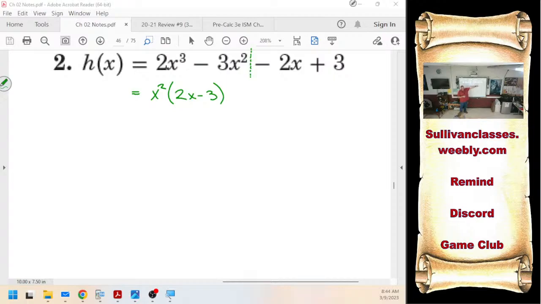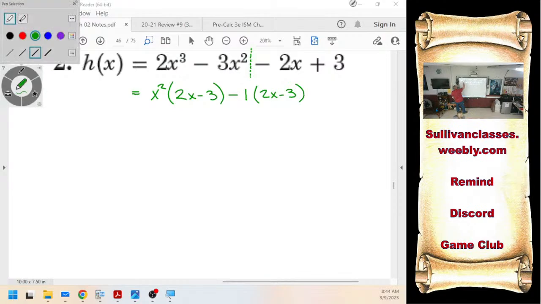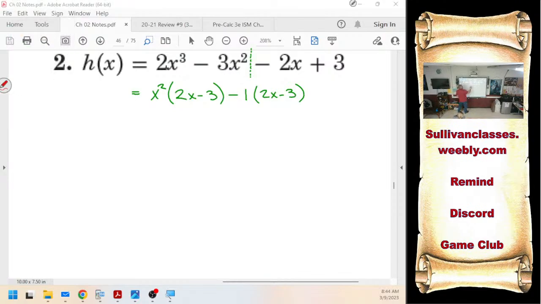I don't want negative 2x plus 3, so I'll take out a negative 1. In which case, I now see they both have a 2x minus 3 in common. So if I take that out from both terms, I see there's an x squared minus 1 left over.